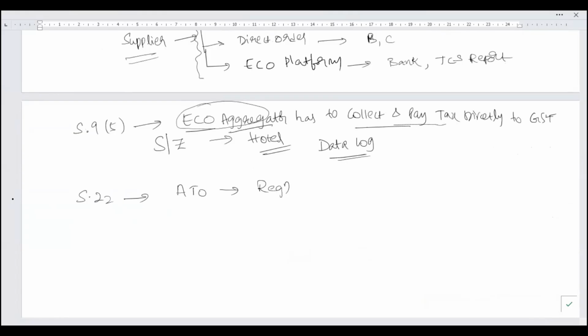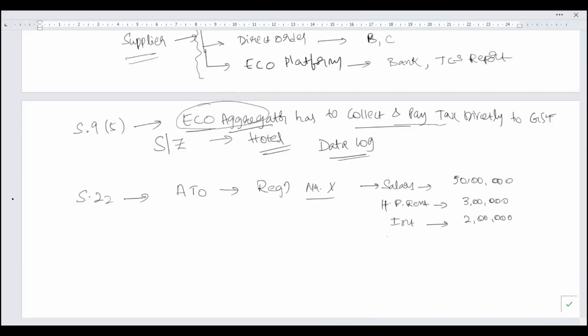Now, let's take an individual, say Mr. X scenario. Mr. X has salary, say 50 lakh. House property rental, 3 lakh. Then interest income, 2 lakh.